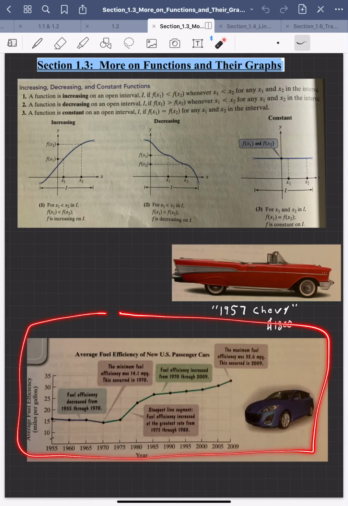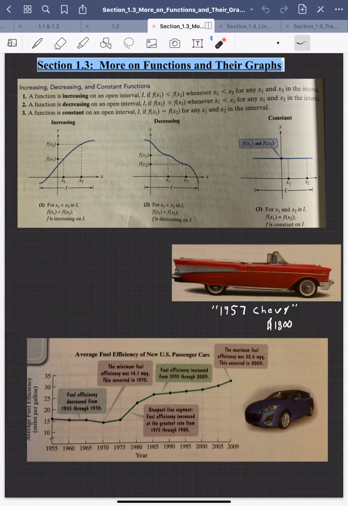What I have graphed here is the average fuel efficiency, which is basically just miles per gallon. And this is U.S. passenger cars, so new passenger cars. And we have miles per gallon graphed over some time interval, right? So we could say that in 1955, on average, new passenger cars were getting just over 15 miles per gallon.